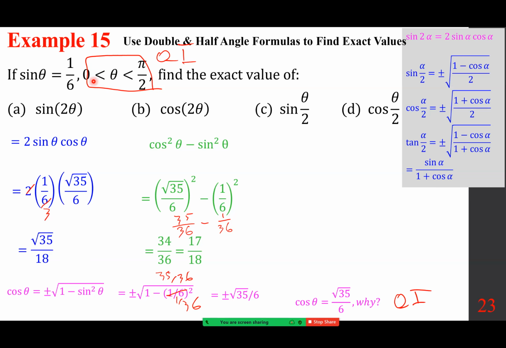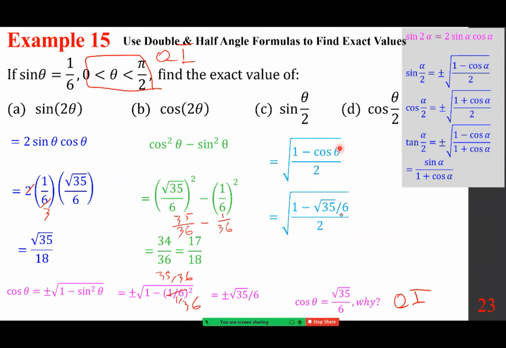Now, this is the first quadrant. The half angle is also in the first quadrant, which makes sine and cosine, both of them positive. So for sine, we're going to use the positive square root of 1 minus cosine alpha over 2, or theta in this case. So we use the square root of 1 minus square root of 35 over 6, over 2.